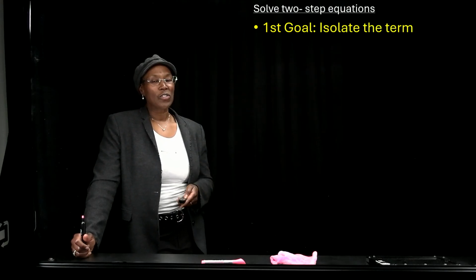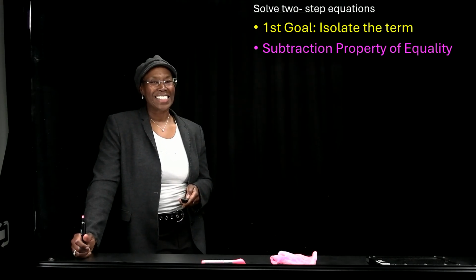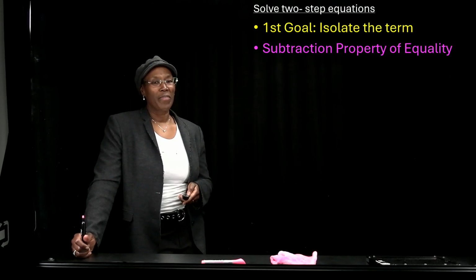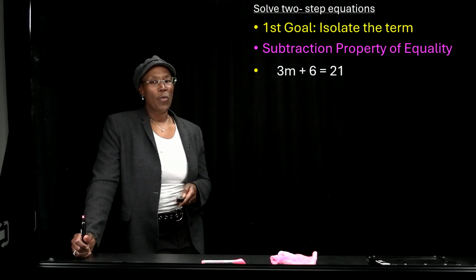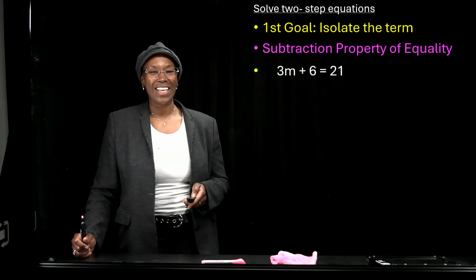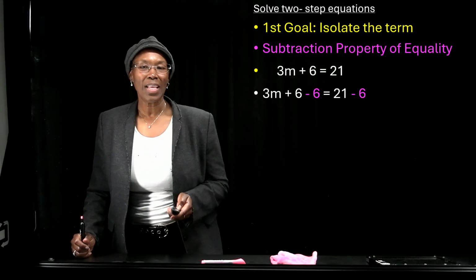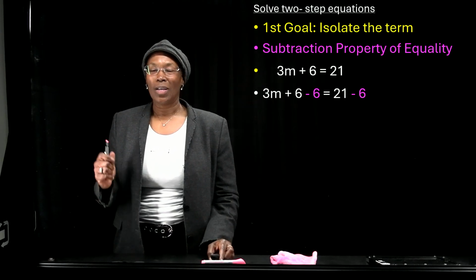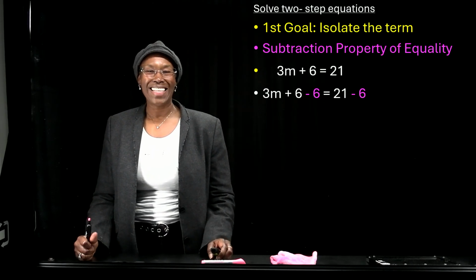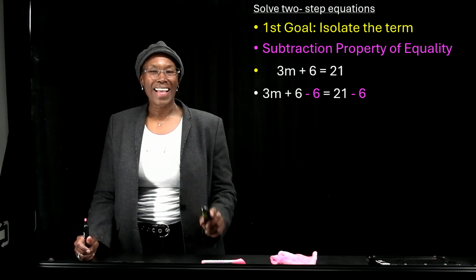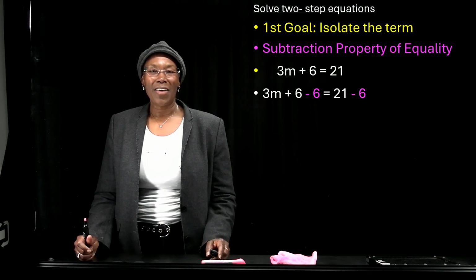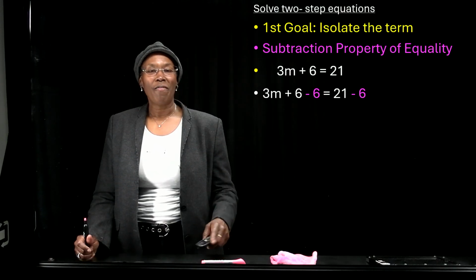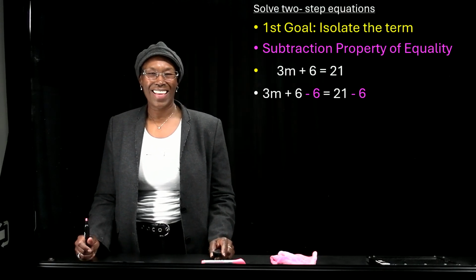So, the first goal, again, is to isolate the term. So we're going to use the subtraction property of equality rule for our equation, 3M plus 6 equals 21. So again, that step, we're going to bring down our 3M plus 6, subtract 6 on the left, bring down our equal, bring down our 21, followed by minus 6 on the right-hand side.